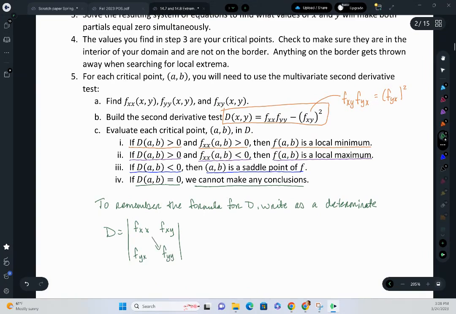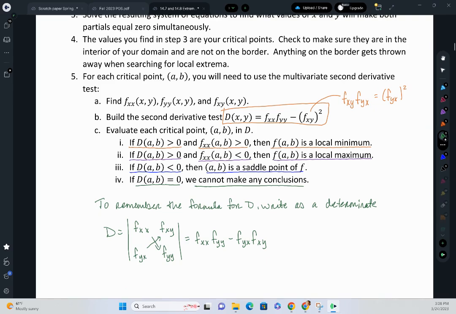Then we calculate that determinant, like a cross product, so we get f sub xx times f sub yy minus f sub yx times f sub xy. And that's going to be our big D function.